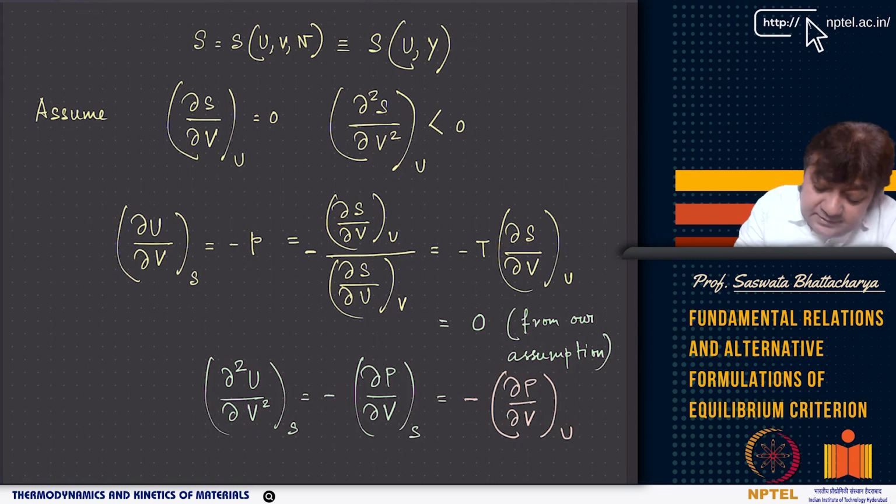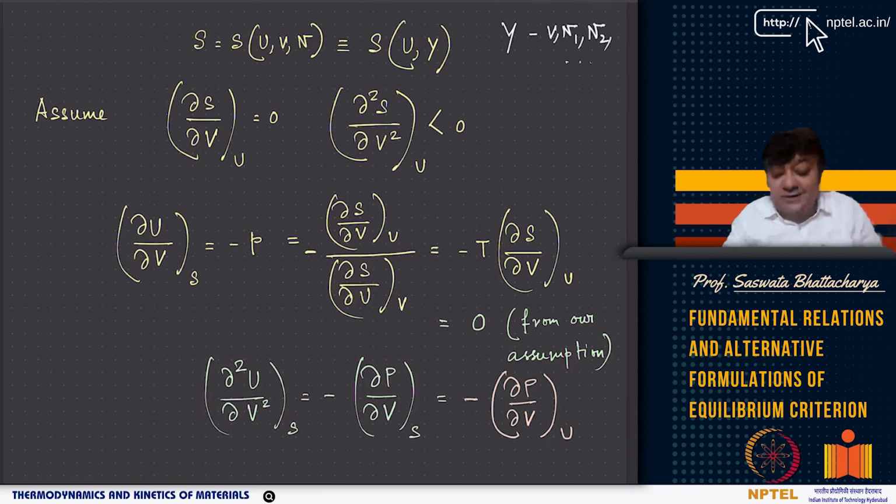So basically this U, V, N, where V and N I am substituting by Y. So Y represents V, N1, N2 and all other such variables. If we have a multi-component system, we have N1 moles of component 1, N2 moles of component 2, N3 moles of component 3 and so on.